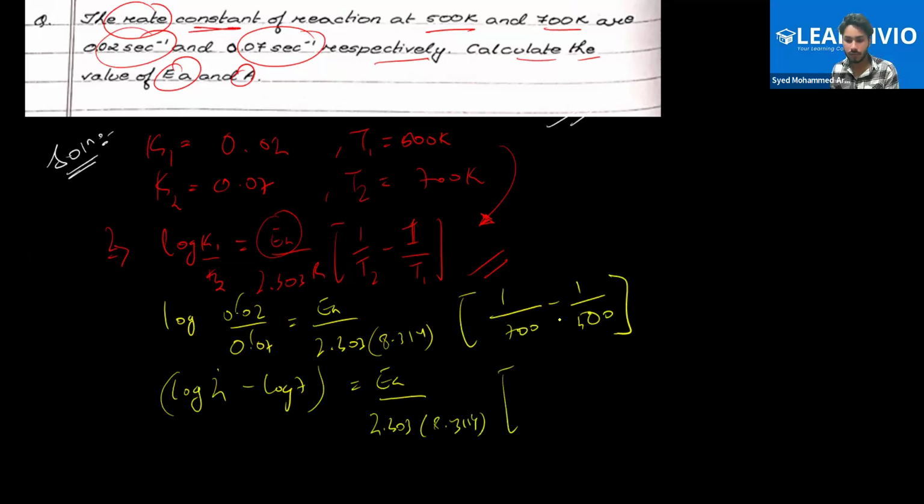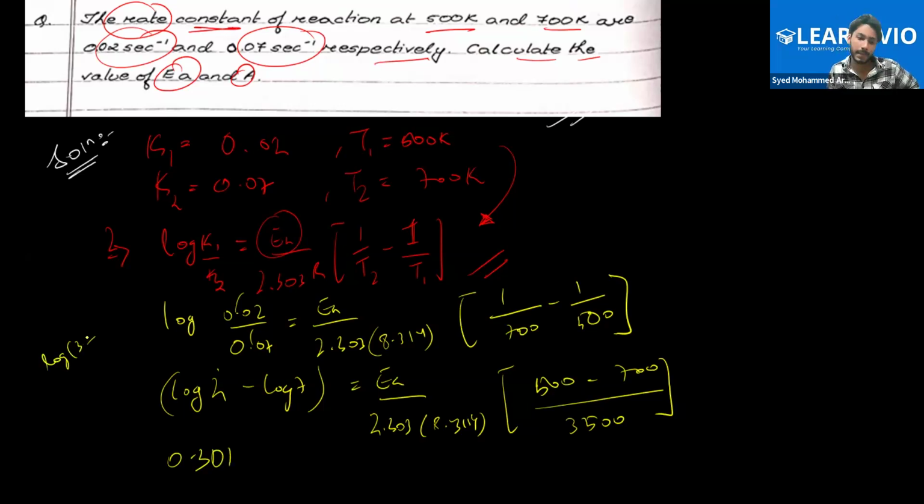If you solve this, 500 minus 700 divided by 3500, and the value of log 2 would be 0.3010, and log 7 I can write as log 3 plus log 4.